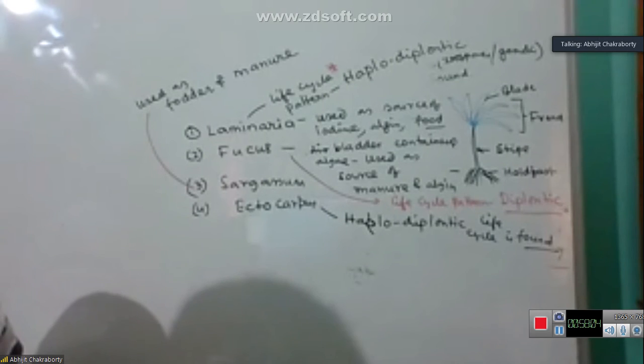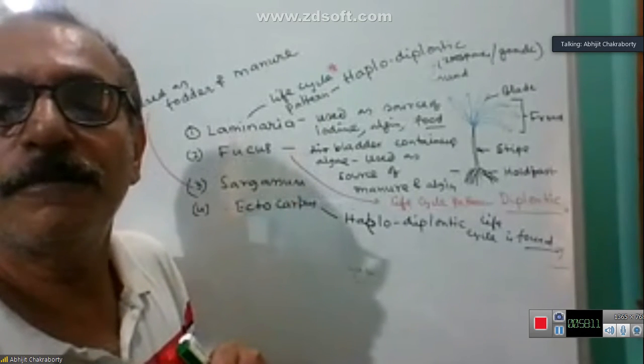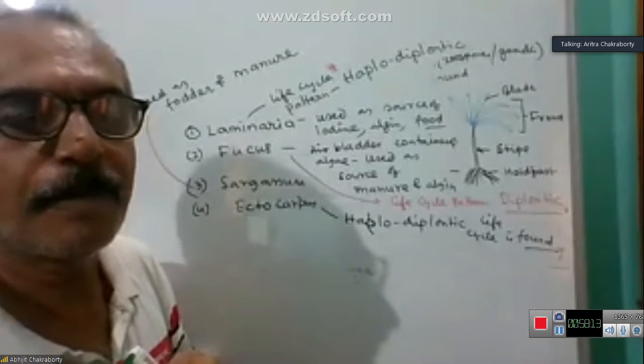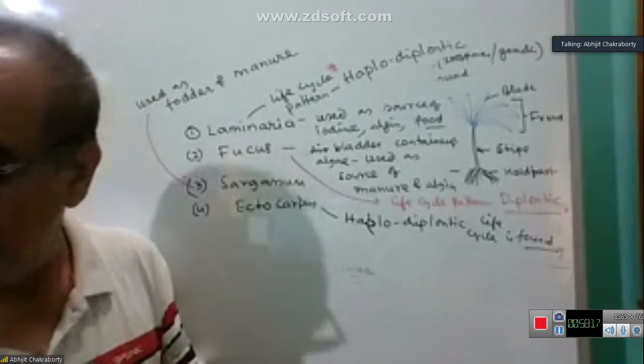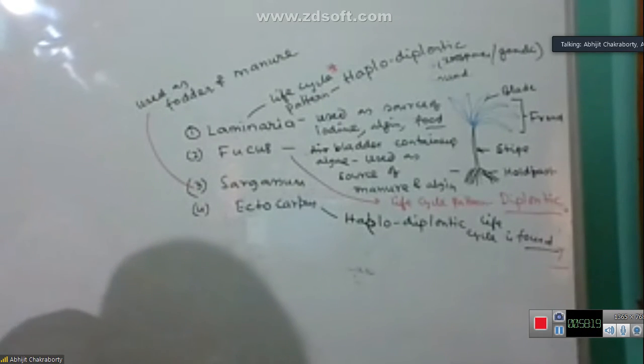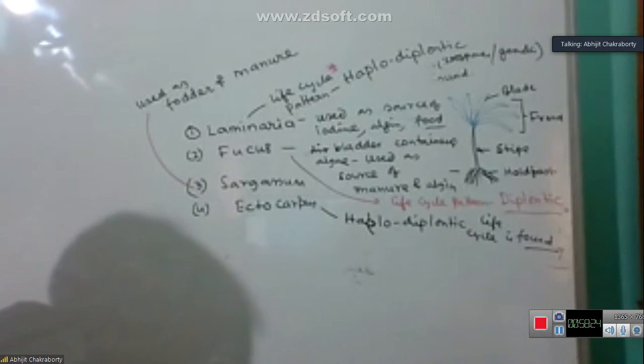So this is about brown algae. In Sargassum, life cycle pattern haplodiplontic again? I have to check again. Okay.